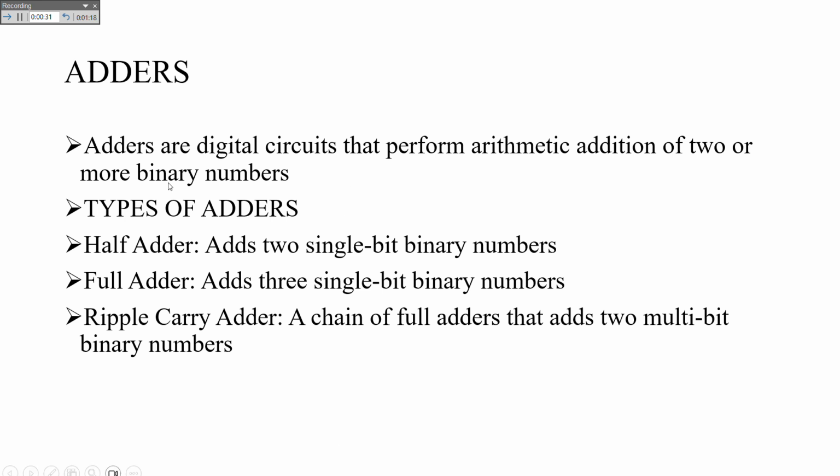We have the half adder and the full adder. A half adder adds two single bit binary numbers, and a full adder adds three single bit binary numbers. We also have the ripple carry adder, a chain of full adders that add multi bit binary numbers. But today we are going to look at the half adder and the full adder.